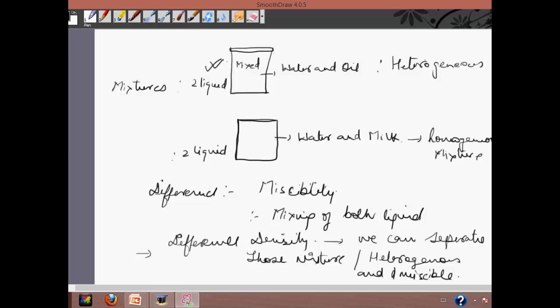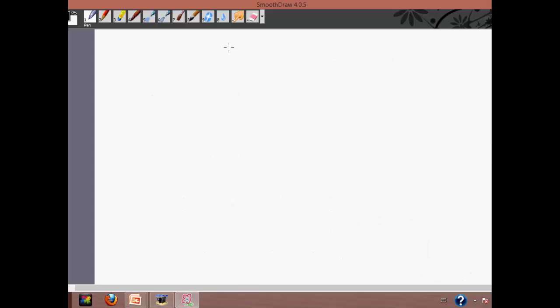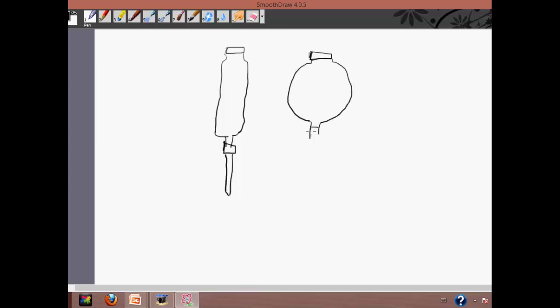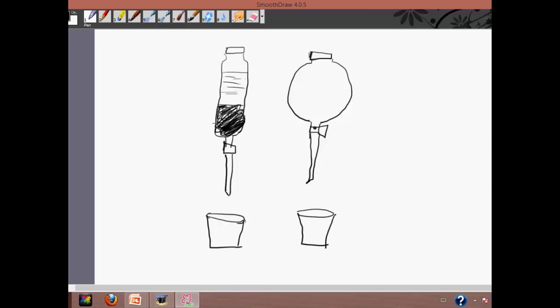So let's understand what the separating funnel method is. See, I make a diagram. Here I am taking a funnel where one end is an outlet opening, and the second opening is here. We have one receiver beaker. So how does this separating funnel work? It works on the property of immiscibility and difference in density.